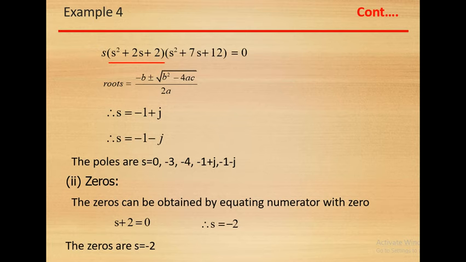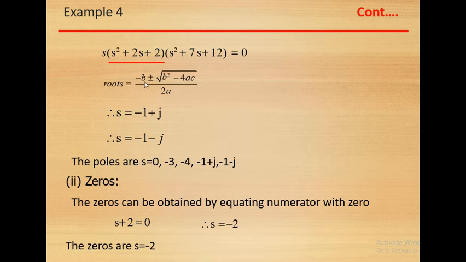If you see here, the coefficient of s square is 1, so the value of a is 1. The coefficient of s is 2, that is b, and c is the constant, that is 2.